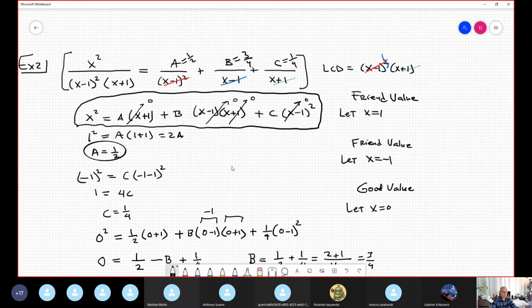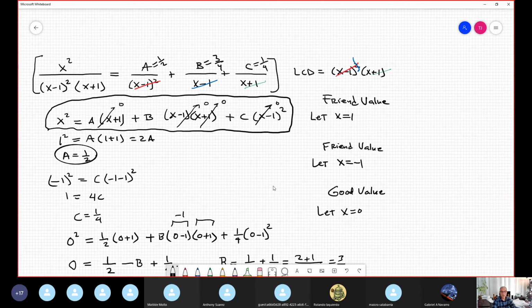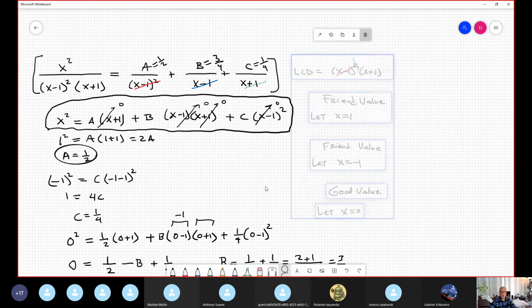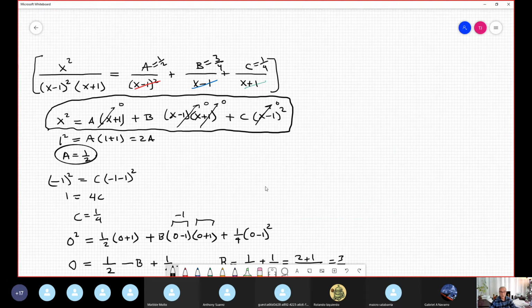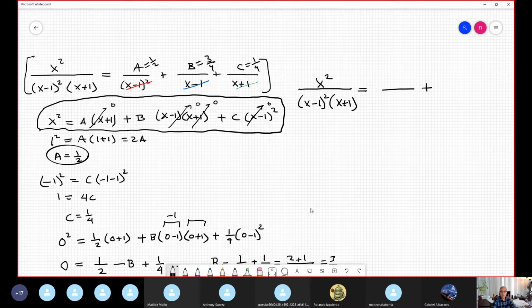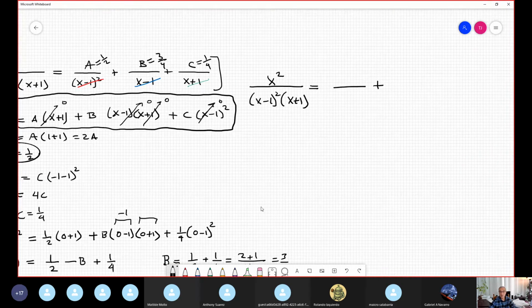And it's the moment to write the answer, but not like that. Like that is ugly. I don't like this. The elegant way in calculus 2 to write the final answer is x squared over x minus 1 squared, x plus 1 is equal to three fractions.